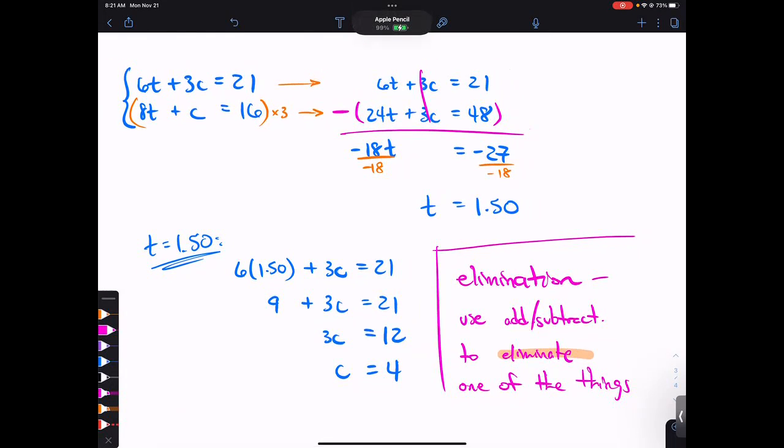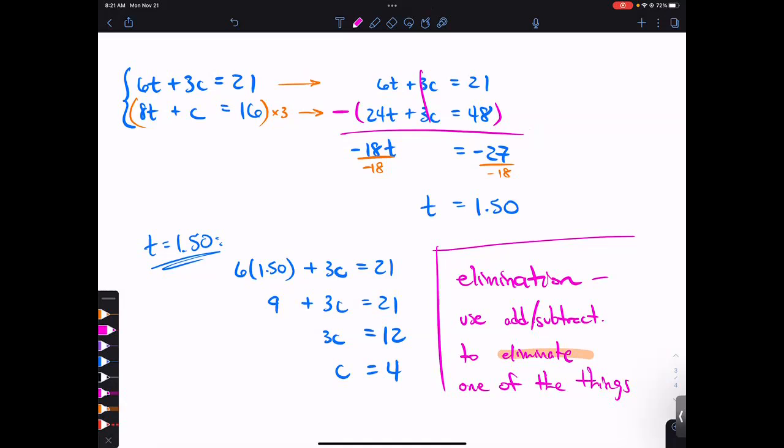Depending on what you look at, some books will call it the addition method or the subtraction method. I'm just going to call it elimination, so I don't have to keep saying addition or subtraction. But the idea is you want to take the two equations and combine them using addition or subtraction.